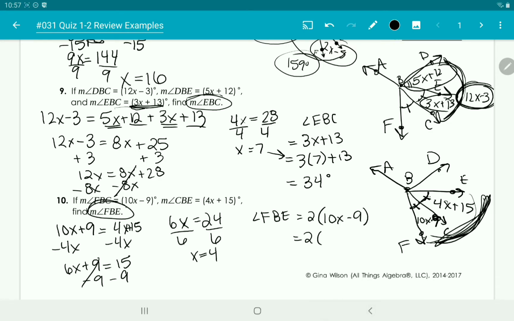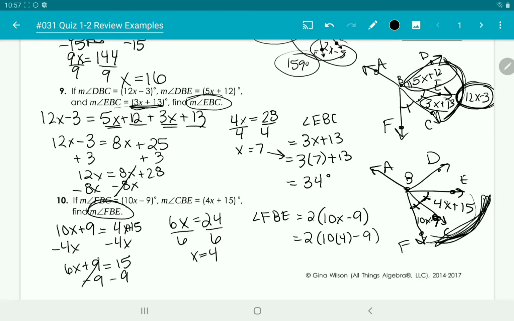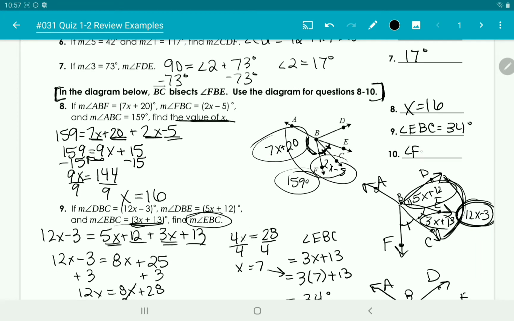You could choose either one, or you could plug in x on both of these and add them together. If you type it into a calculator, that gives us 62 degrees. So angle FBE is equal to 62 degrees.